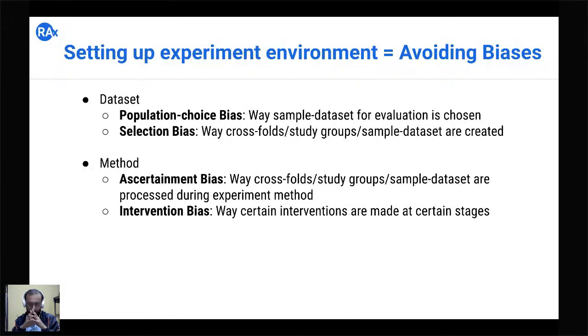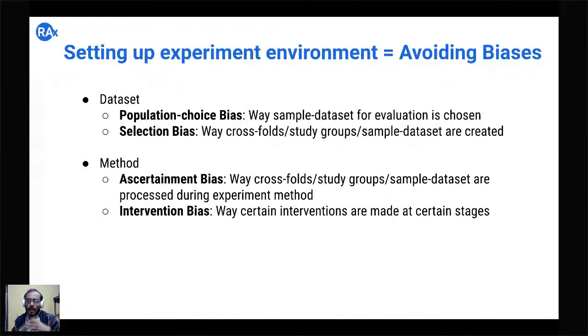So that's the idea. There are multiple different types of biases that may creep in when you are designing, and you have to be careful about that. The very first level of bias is the data set, which means the data, the sample that you are using to conduct your experiment.